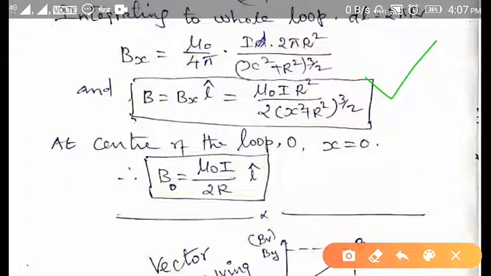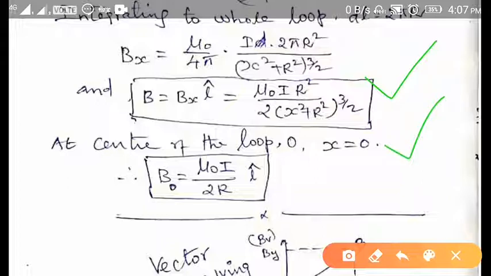So we know the magnetic field is along the x axis only at the point P. Now consider the center of the loop, O. At the center of the loop, x equals 0 distance.